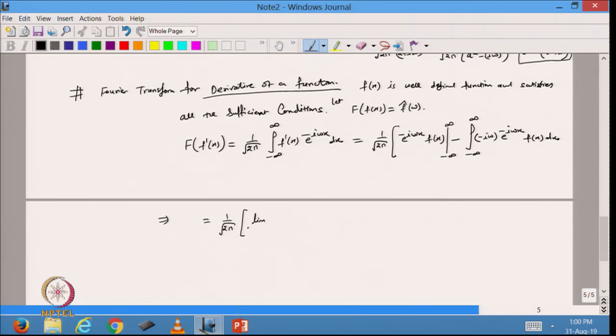So, the limit will be limit x tends to infinity f(x) e raised to power minus i omega x, minus limit x tends to minus infinity f(x) e raised to power minus i omega x, and from here I can add plus i omega and the expression dx.